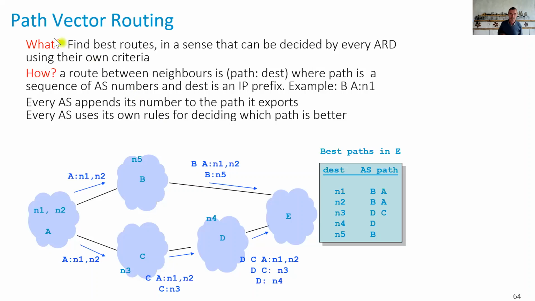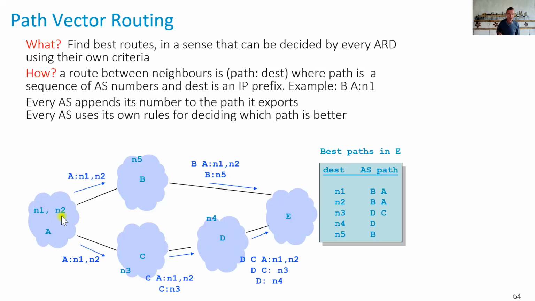Instead, we use path vector routing, which is illustrated here. Path vector means that a route in the internet collects all the elements of the path. Let me illustrate here. Here I have a first domain, A, that has two prefixes, N1, N2. And the goal of BGP is that domains like E know how to go to N1, for example.